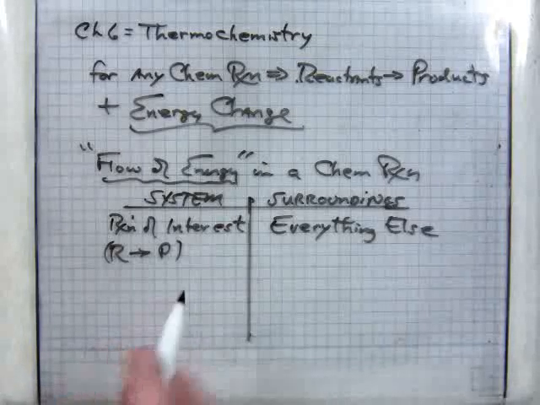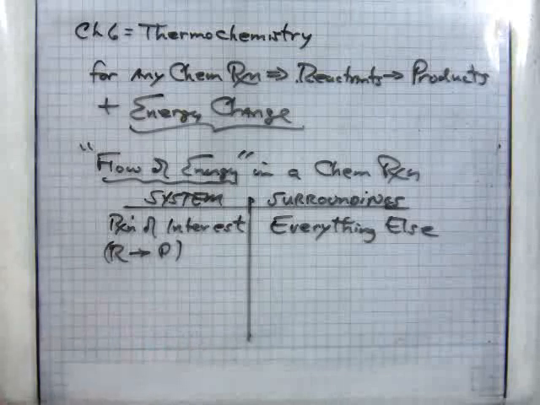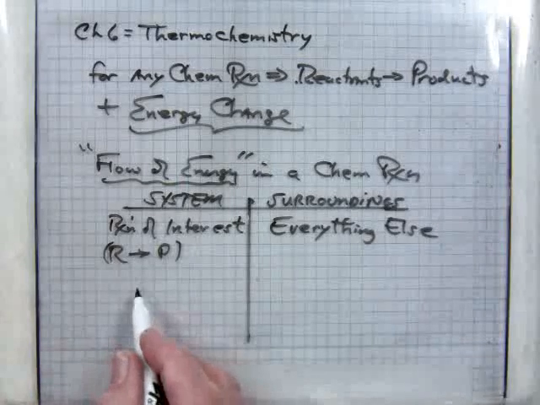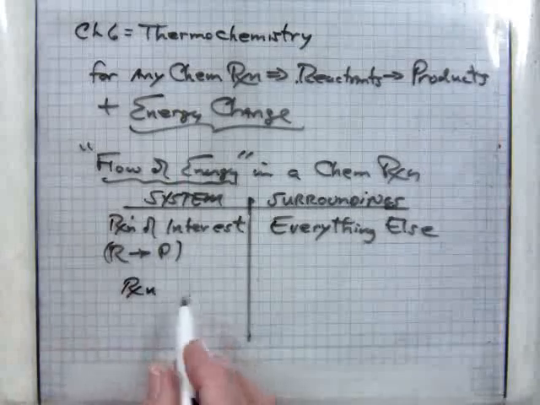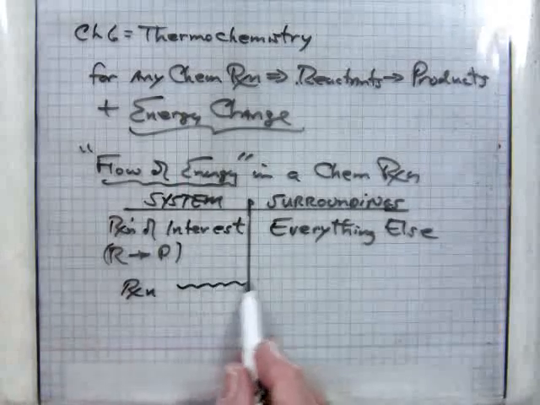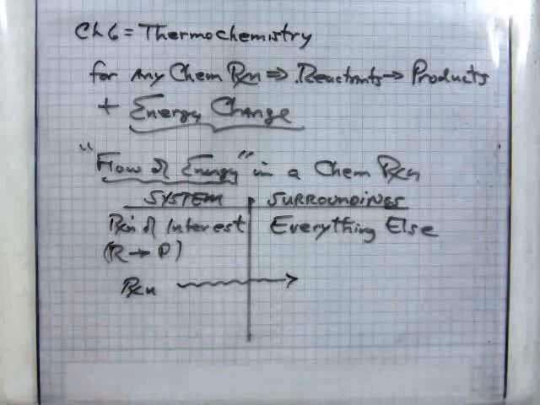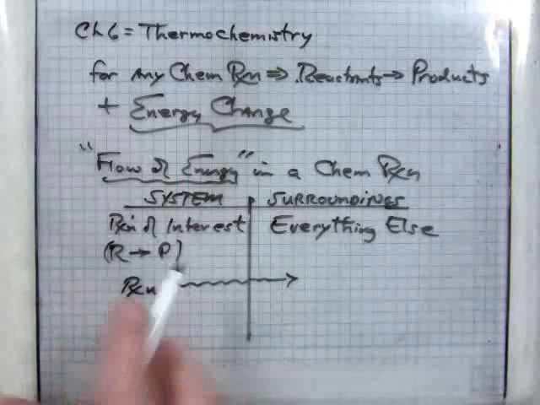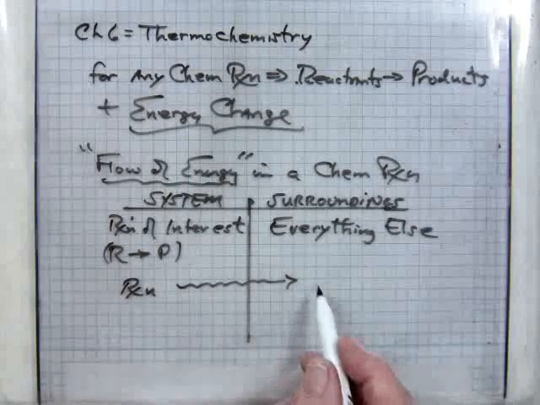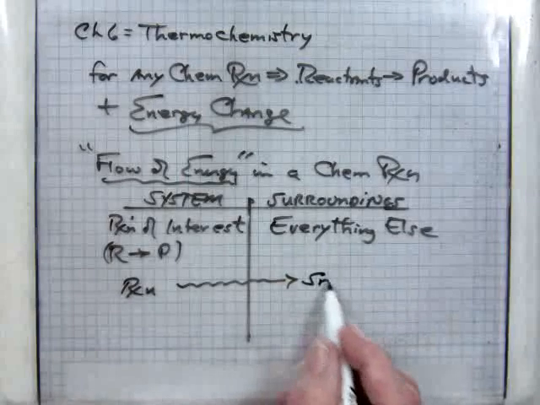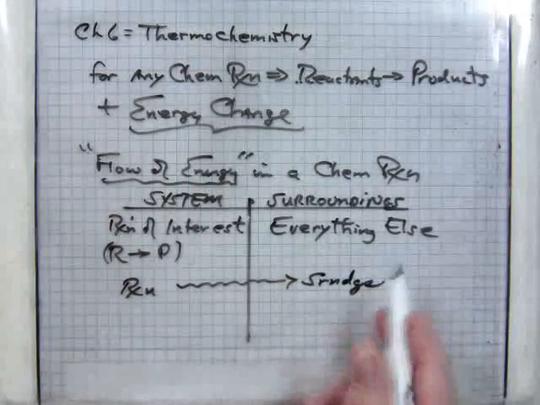Now, when we talk about the reaction losing energy, that means we have a reaction taking place on this side and we have an energy flow that's moving from the reaction into the surroundings. Right there.